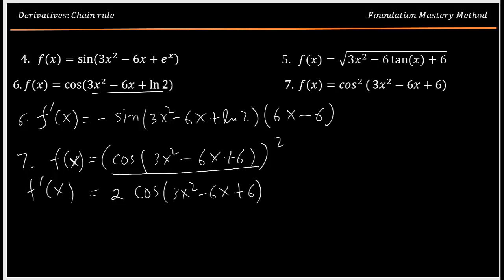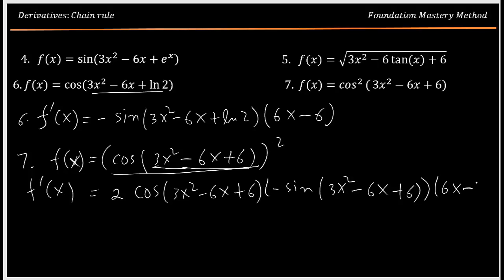We need to take derivative of this whole, which will be negative sine 3x squared minus 6x plus 6. Then we have to take this part now whole here, which will give me 6x minus 6, and we are done for this part.